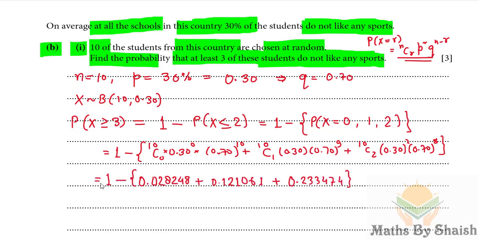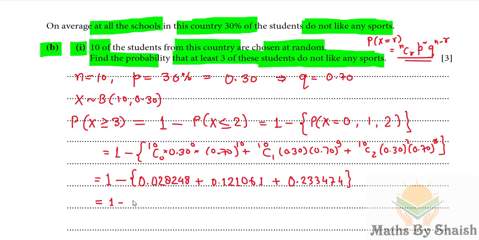So this is the answer from the calculator I have written. Now we will add them and then we will subtract. So the sum of these all is going to be 0.121061 plus 0.028248.